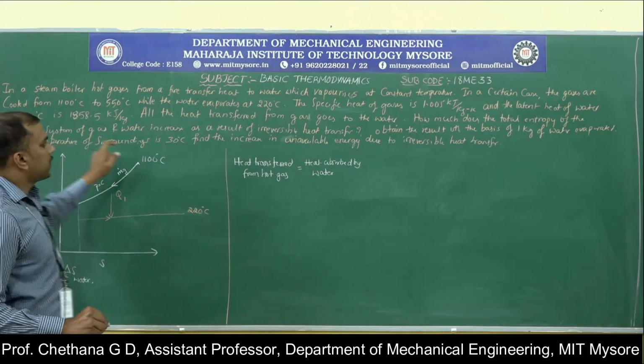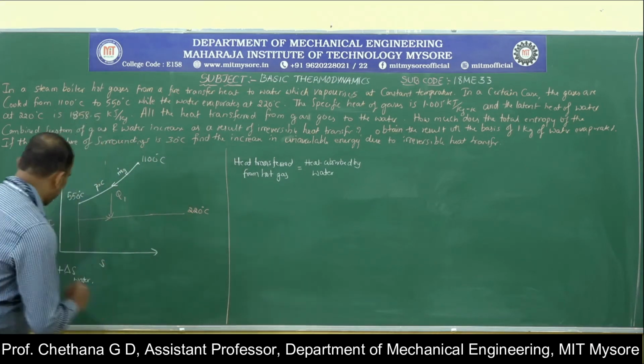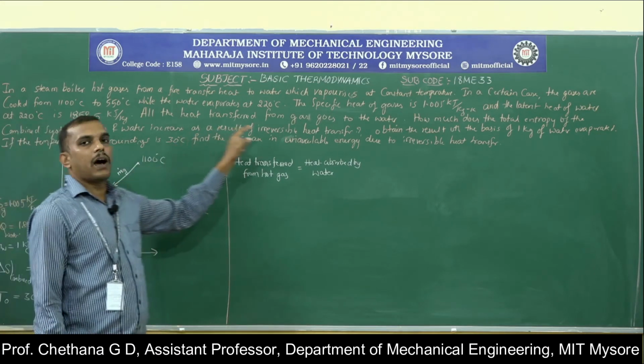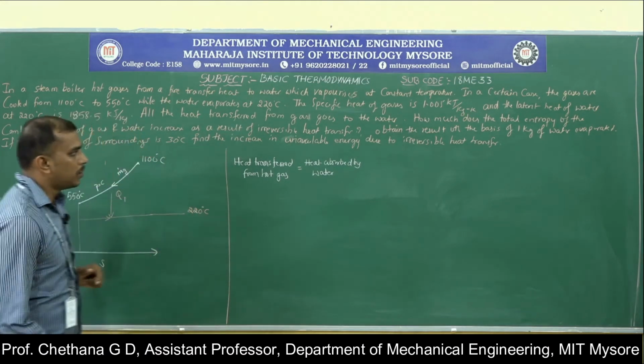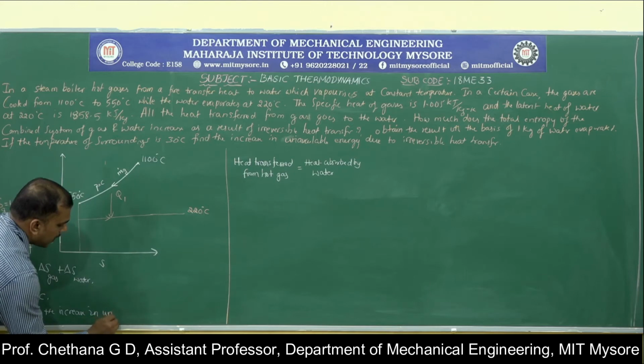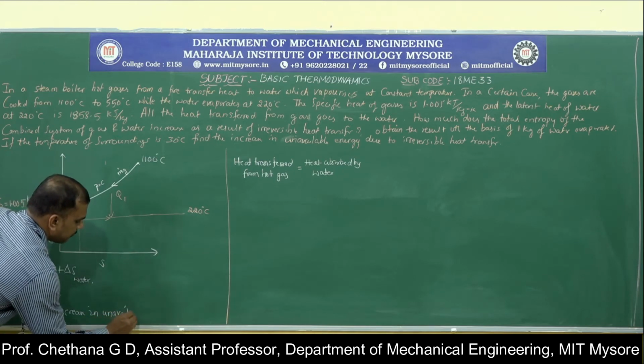Now, if the temperature of the surrounding is 30 degrees Celsius, that means he has given you T naught as 30 degrees Celsius. Find the increase in unavailable energy due to irreversible heat transfer.